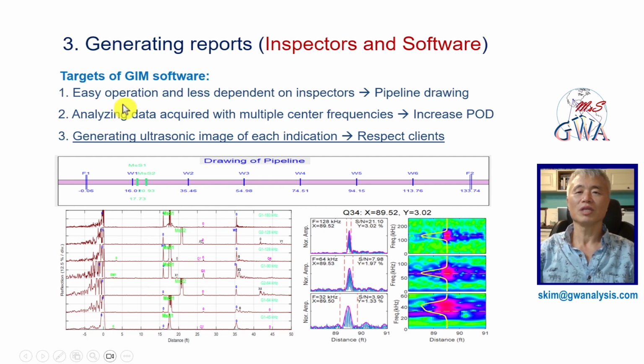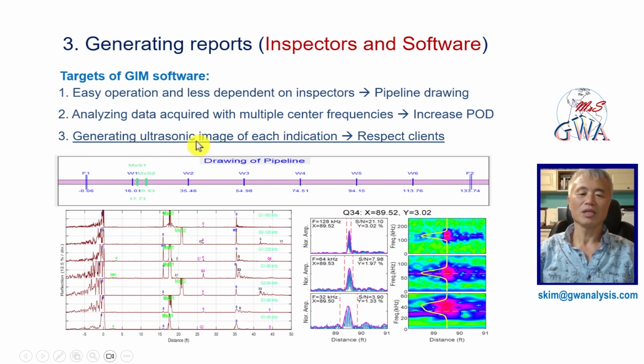First, the software should be easy to operate and less dependent on inspectors. To achieve this, the GIM software has an automatic calibration process using the pipeline drawing. Second, the GIM software can analyze up to 8 sets of data acquired at different center frequencies or different locations in order to increase the probability of defect detection.